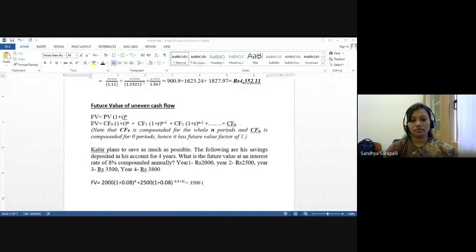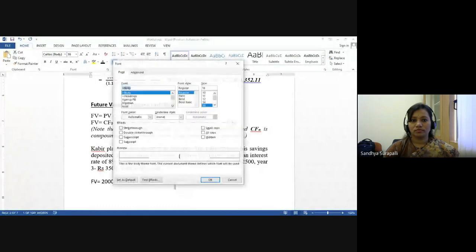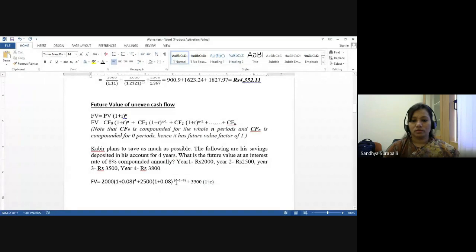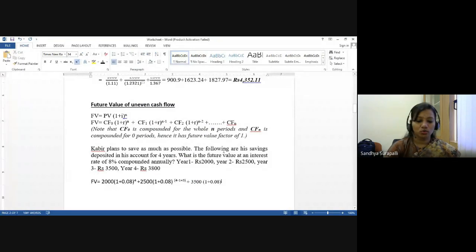Yes. One plus R. How much will it be? To the power 2.